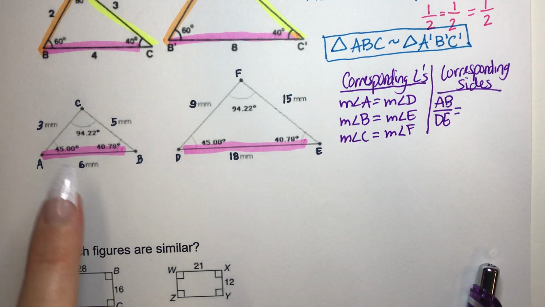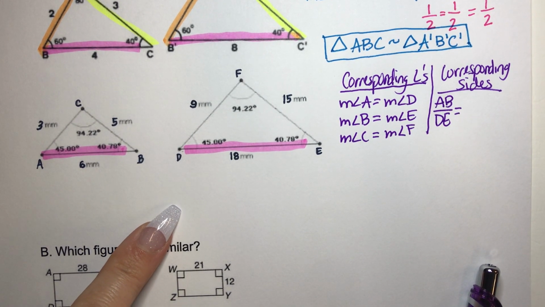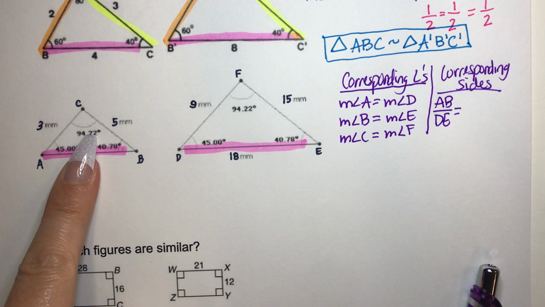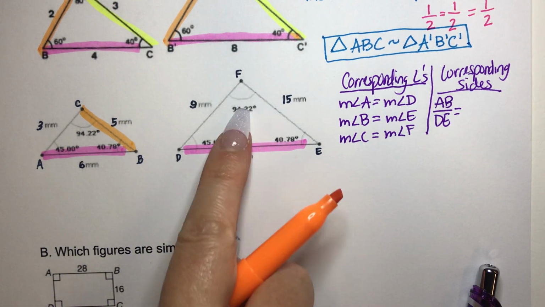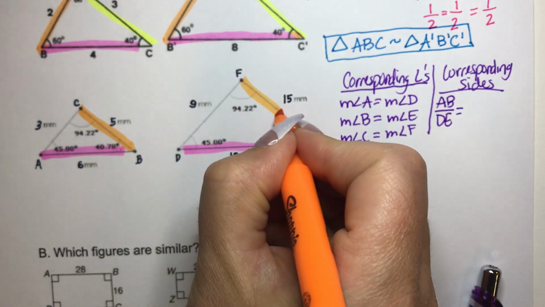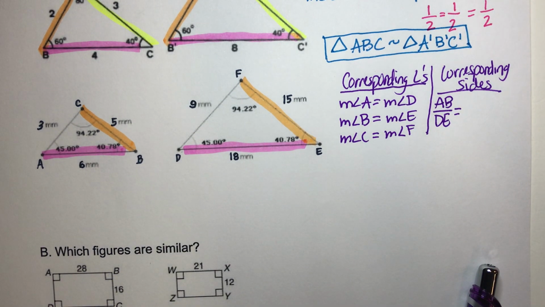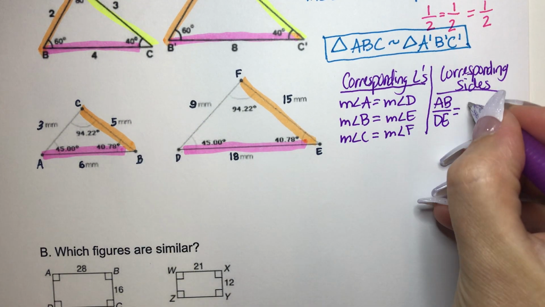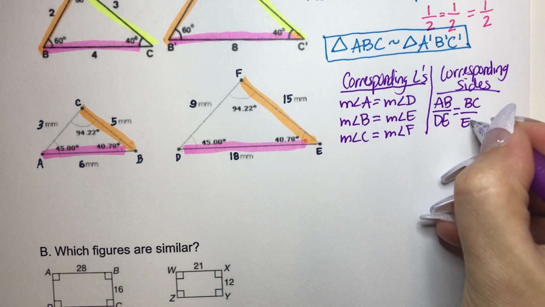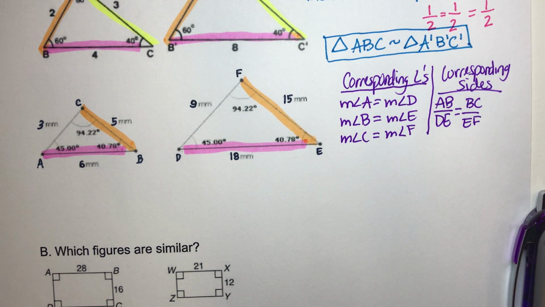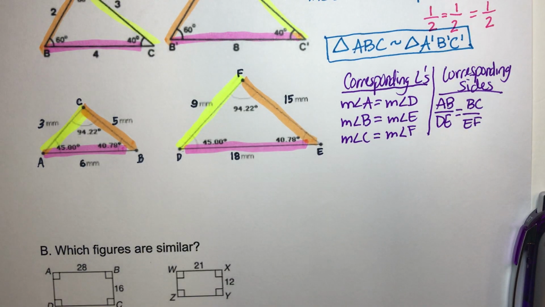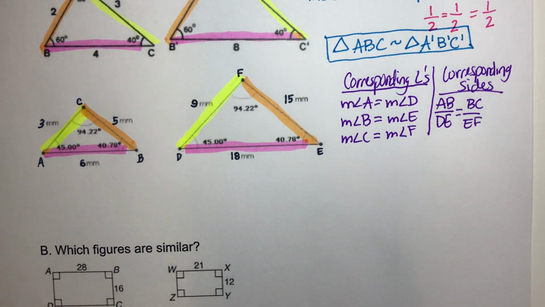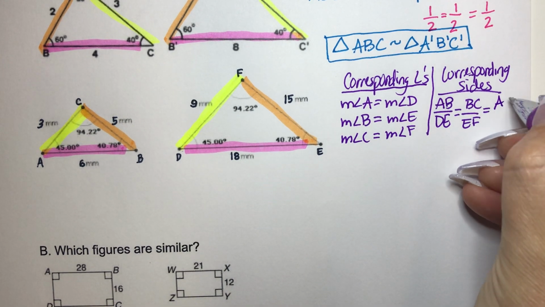The next one I'm going to look at is going to be the one between BC, so 40 and 94. So BC and 40 and 94 would be right here, EF. So BC over EF. And then lastly, AC and DF.